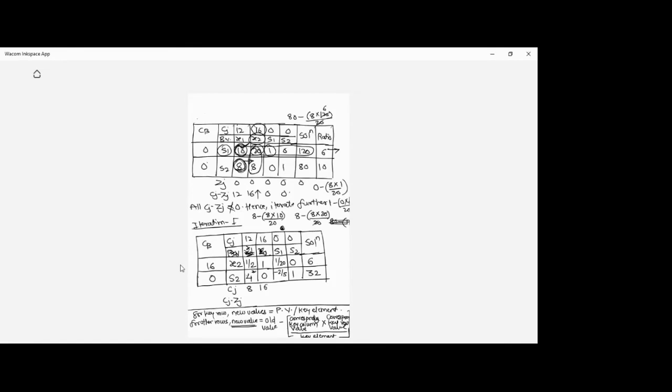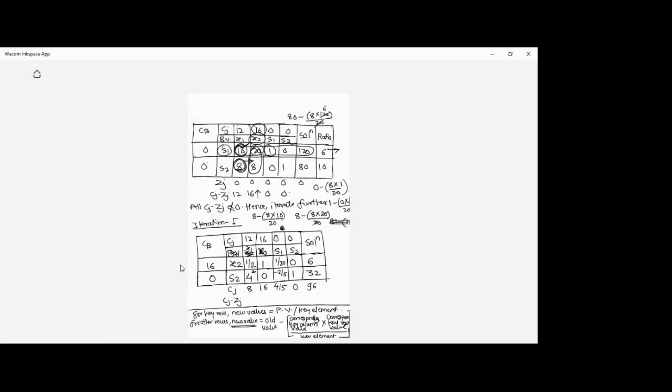Next, 16 into 1 by 20 plus 0 into minus 2 by 5, so 16 by 20 will be equal to 4 by 5. And lastly, 16 into 0 plus 0 into 1 will be equal to 0 only. We can move ahead. What is 16 into 6 plus 0 into 32? 16 into 6 will be equal to 96, right?